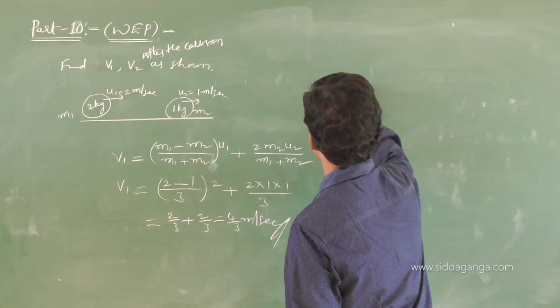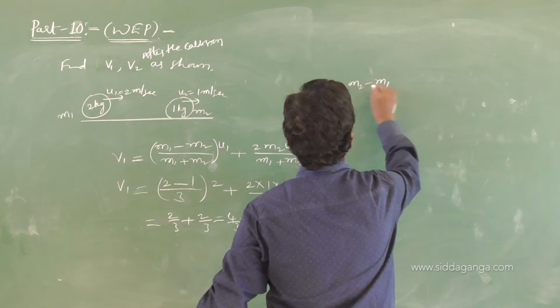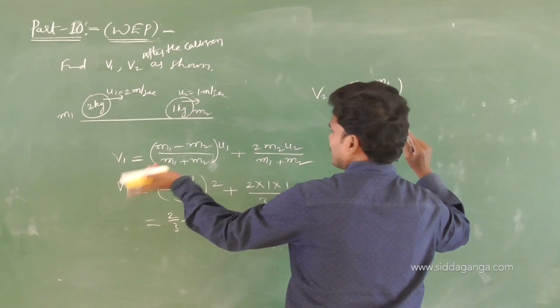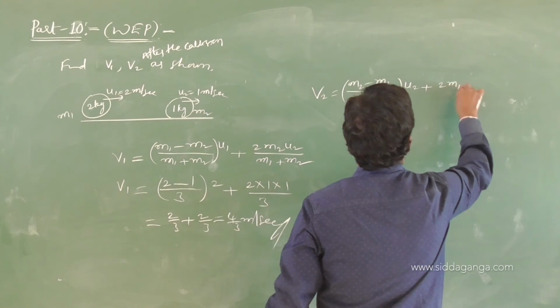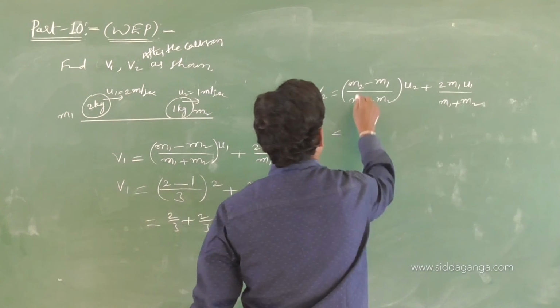Easy things these are. What is V2 formula? Quite opposite formula of this one. M2 minus M1. Remember this formula. At least remember V1, we can identify the V2. This is U2, 2 M1 U1 by M1 plus M2.